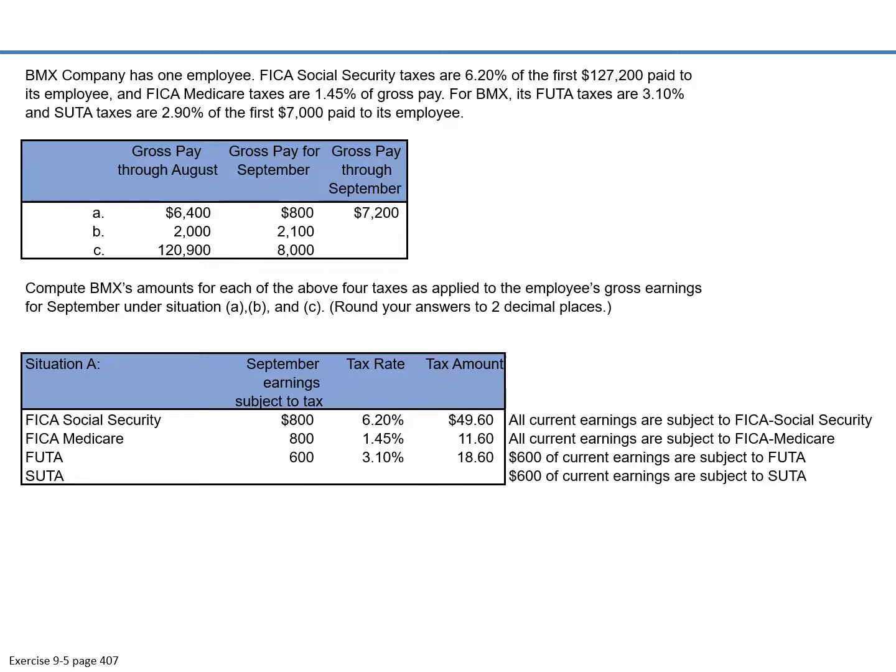And then SUTA, they tell us, is also the first $7,000 paid to employees. So you have 600 more for September because you've already paid it on 6,400. You need 600 to get to 7,000 total, so you're only subjecting 600 of the 800 in September to that tax, times 2.9%, or $17.40. Right?